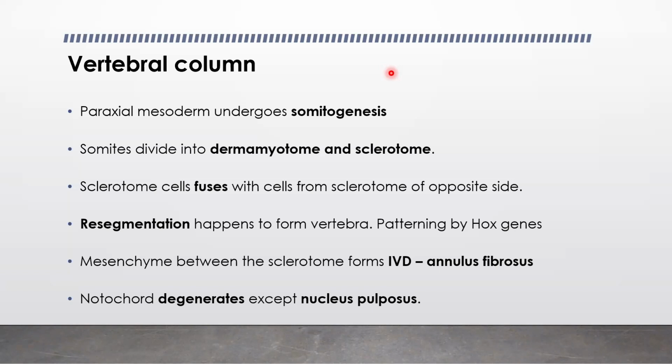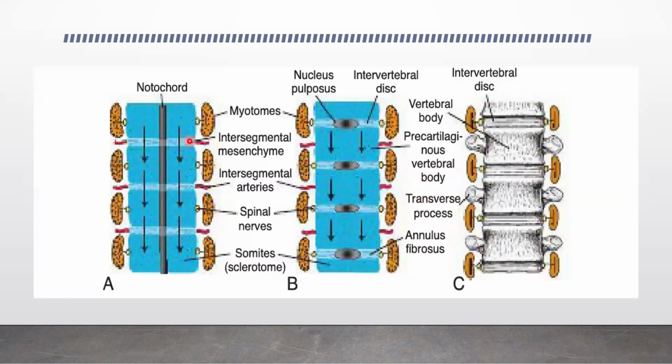So the sclerotome surrounding the neural tube will fuse with the sclerotome from the opposite side, giving us a definitive mesenchymal cell mass surrounding the neural tube. Then the process of resegmentation happens. Just imagine these are the somites, this is the notochord, and the neural tube is there.